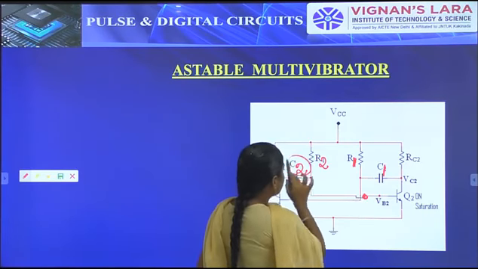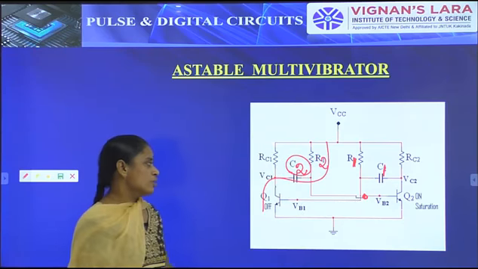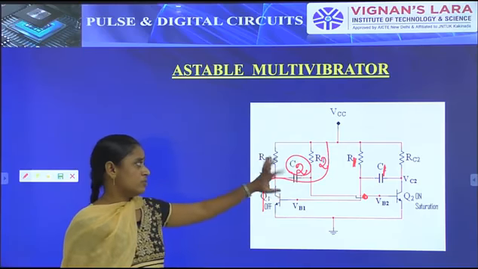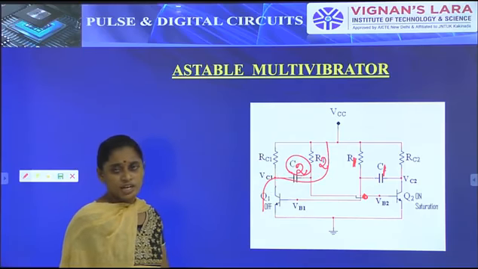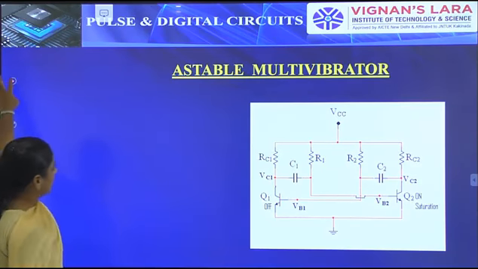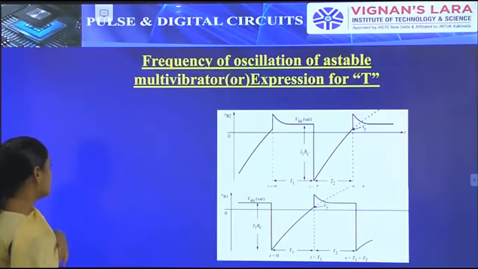That is, C2 starts discharging. For which condition I am taking like this simply: I am taking T2 as my time period for this VB2, and that's why I have to change the R2 and R1 positions. That's the only thing. So simply we have to say that in this particular interval of time, C2 starts discharging. So once C2 starts discharging, we assume like that.